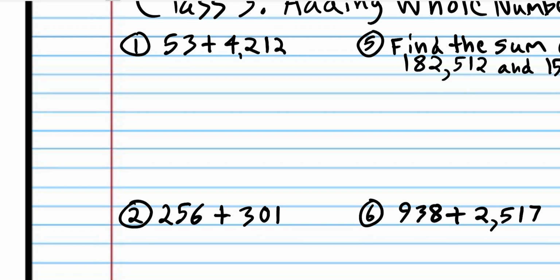Now the algorithm we're going to use to add these numbers involves lining up the numbers vertically. And it doesn't matter which number you put on top. You can put the 53 on top too, like this.